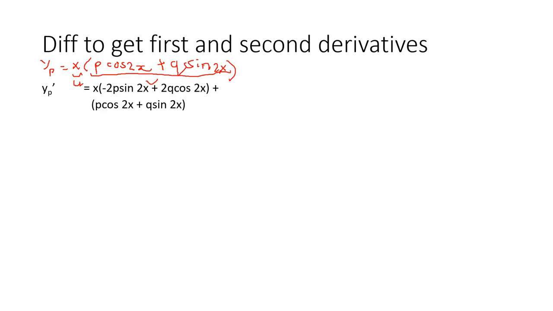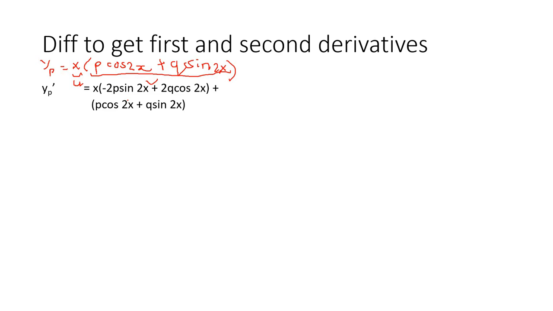Differentiate q sin 2x, you get positive 2q cos 2x. So plus, the second term here is v u prime, because differentiating the u, you have 1. So the result here is u v prime plus v u prime, which is 1. So this is the first derivative.